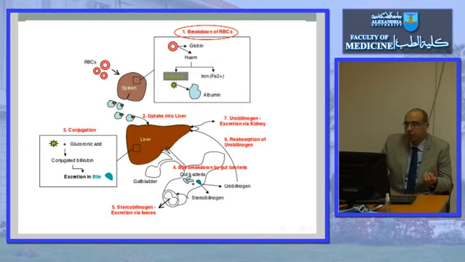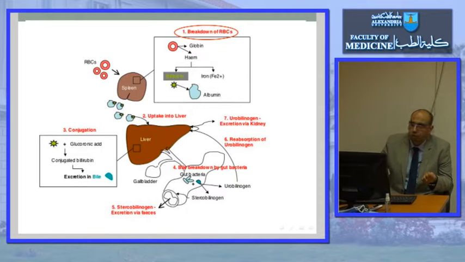It will go through the bile, through the common hepatic duct with the cystic duct, through the common bile duct to the second part of the duodenum, and in the intestine it has 3 fates. It will be converted to stercobilinogen and then to stercobilin and excreted in feces, and stercobilin is responsible for the color of feces.